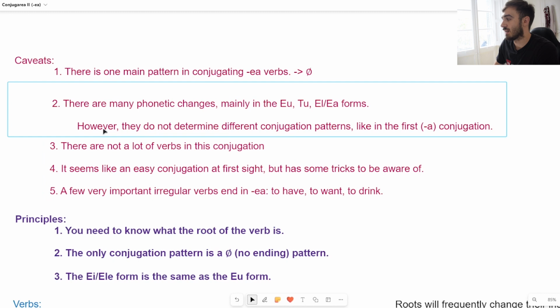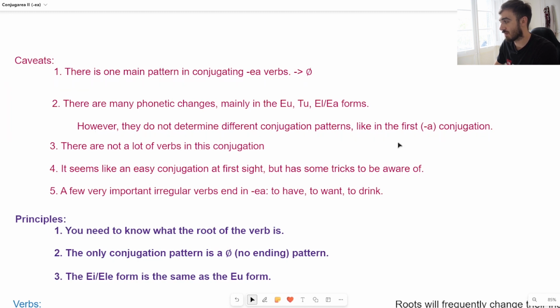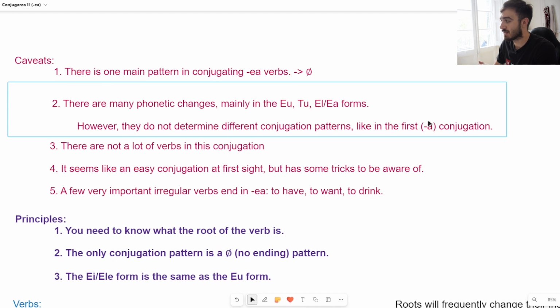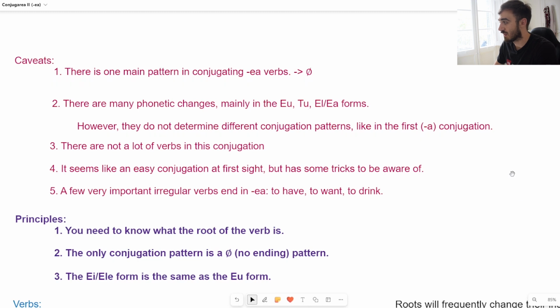They are not determining other different conjugation patterns. As you remember maybe from the A conjugation, when it ends in EZ, or even with no conjugation, you have some variations depending on the last few letters. So that will not happen in the EA conjugation.